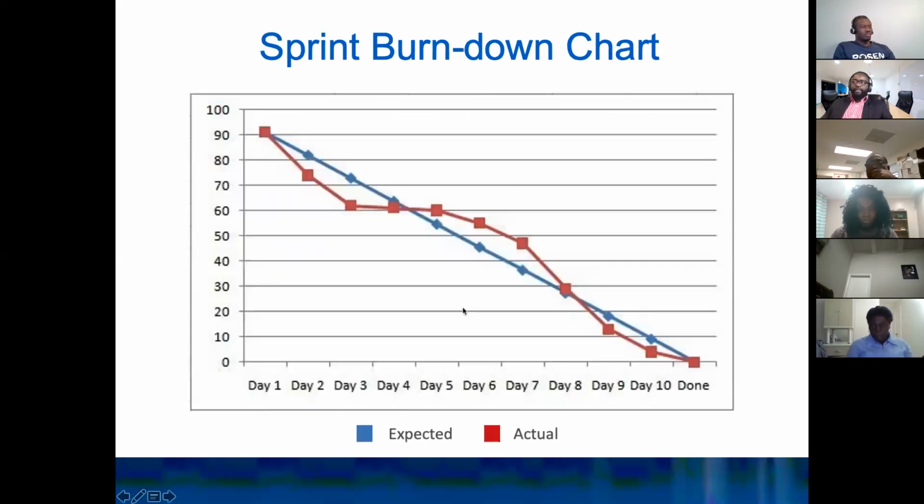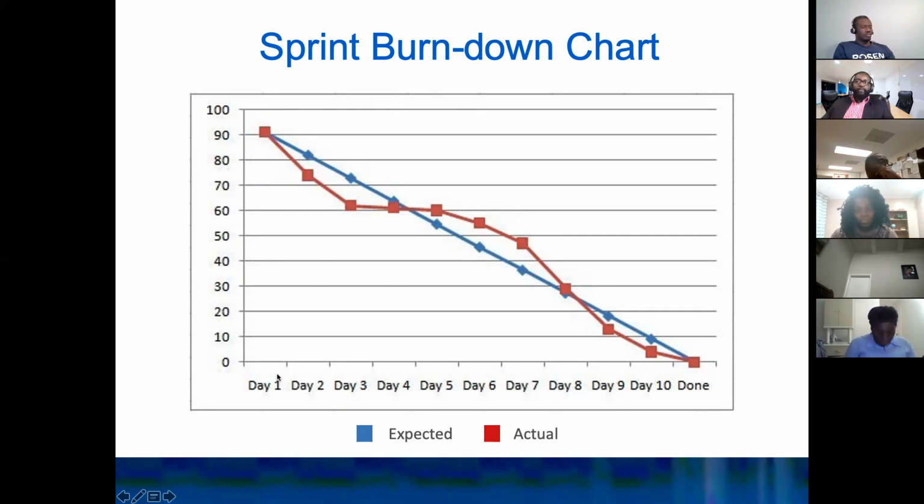All right, so this is a simple illustration of a burn down chart. And you can see that on the horizontal axis, you do have the days. And on the vertical axis, you do have the number of points that you took on. So in this case, this team for which this chart was designed, initially they accepted 90 points for this sprint.